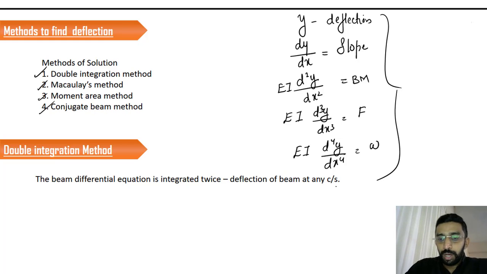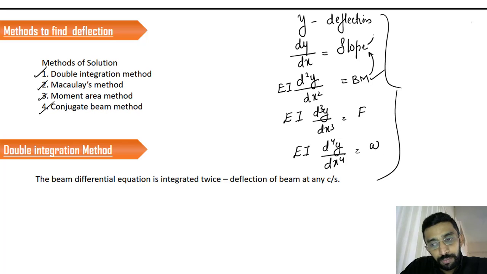Now, what is the reason for this particular relation? What is the purpose of explaining all these things here? It's very simple. If you have an equation, a general equation for the bending moment, and you integrate it once, that is going to fetch you the value of slope.